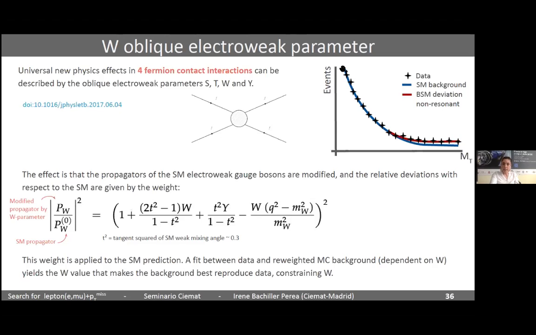And the effect is that the propagator of the standard model is modified. So we can apply this weight to the Monte Carlo prediction. So I will show you now the distribution of the standard model prediction weighted for different values of the W parameter.